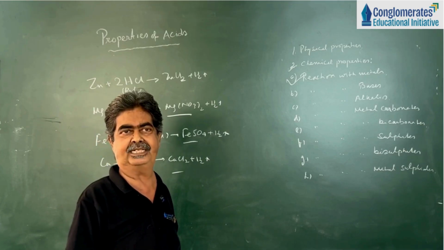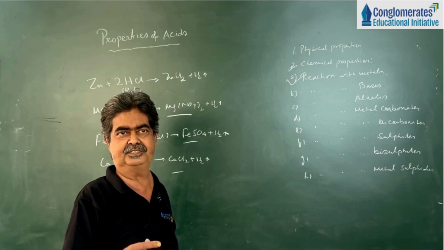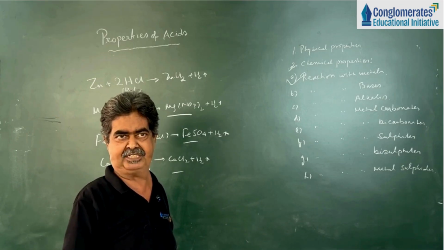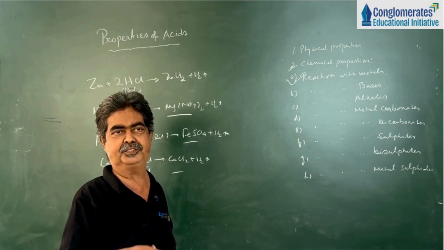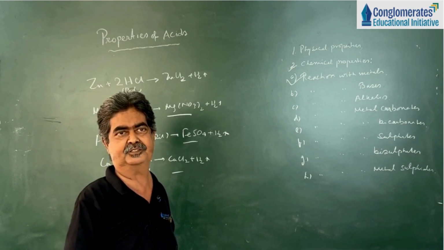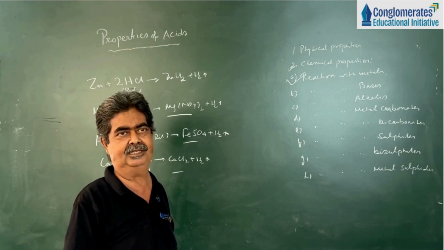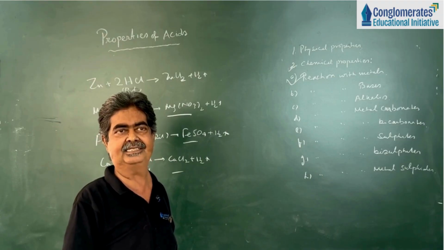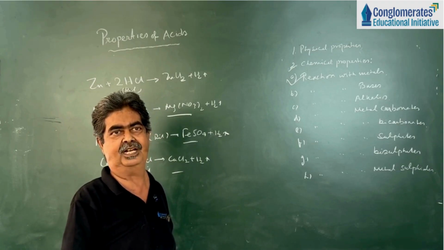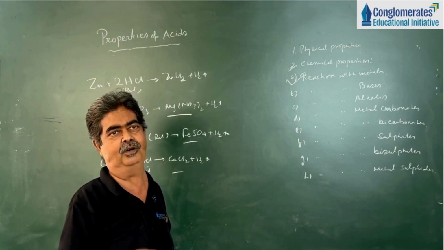Like barium plus sulfuric acid gives barium sulfate, this barium sulfate is an insoluble hard crust and deposits over the barium metal, so the reaction doesn't continue because the metal has no contact with the dilute sulfuric acid. Similarly, calcium sulfate, strontium sulfate, lead sulfate are deposited over the metals to stop the reaction, so the hydrogen gas does not continue to evolve.